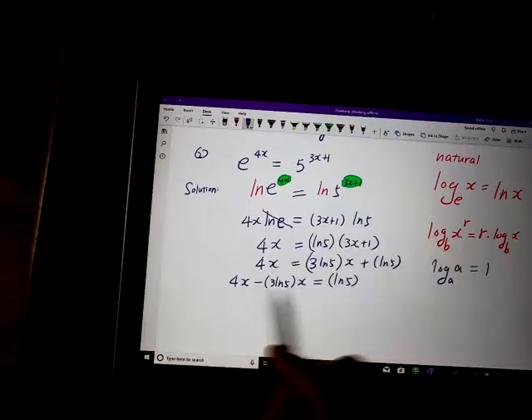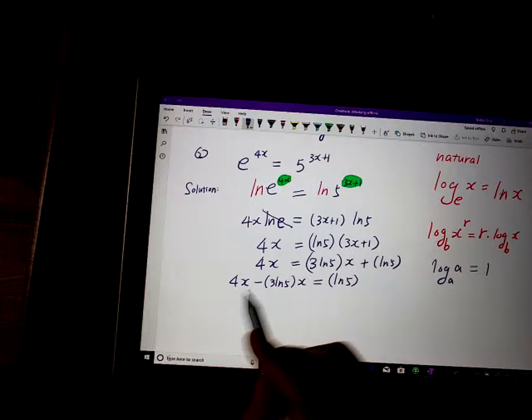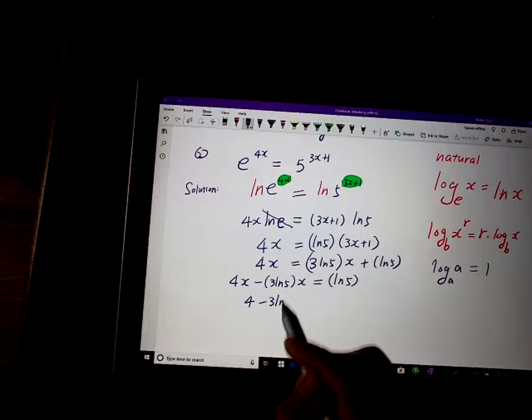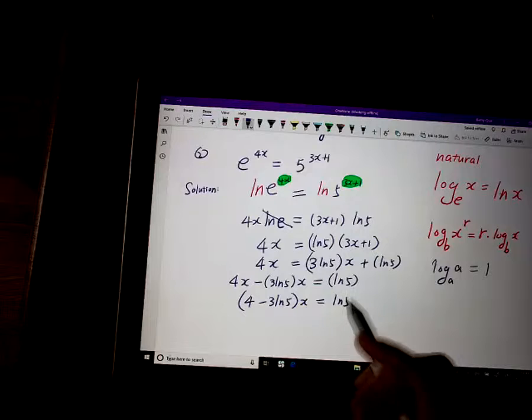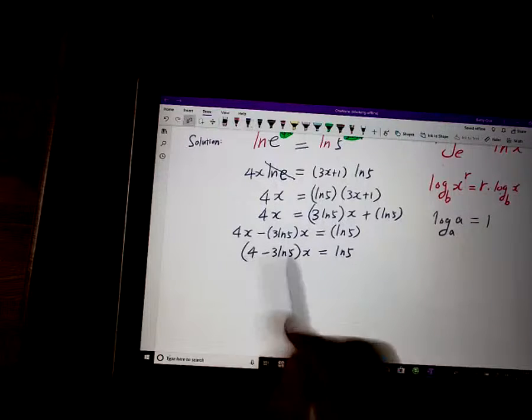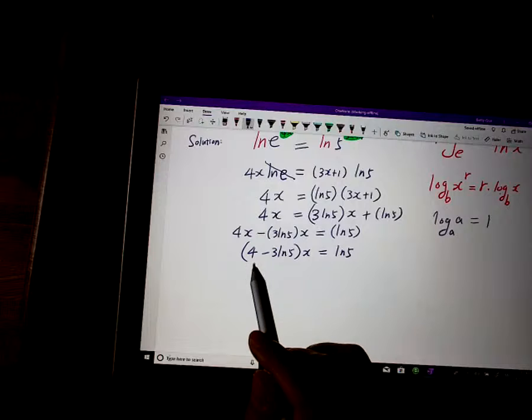This way, we collect the two like terms. We know they are like terms, so we collect them before combining them. How do we combine them? We combine their coefficients. 4 minus 3 ln5 times x equals ln5. So the coefficient of x is whatever the number inside the parentheses.